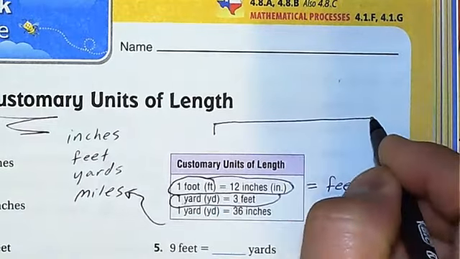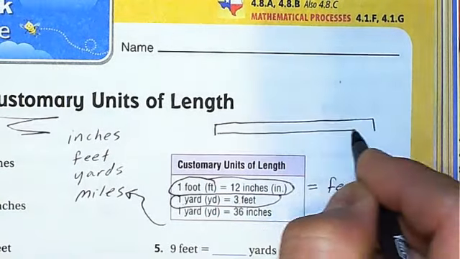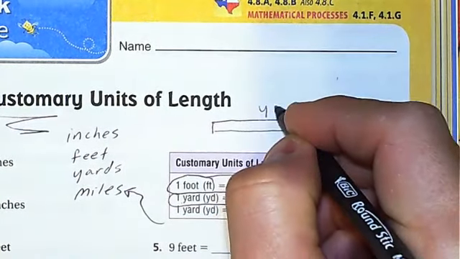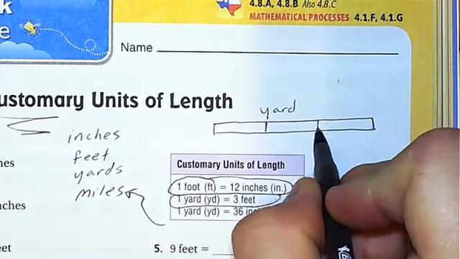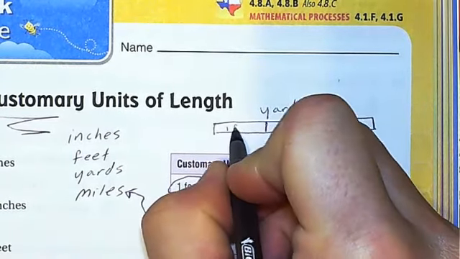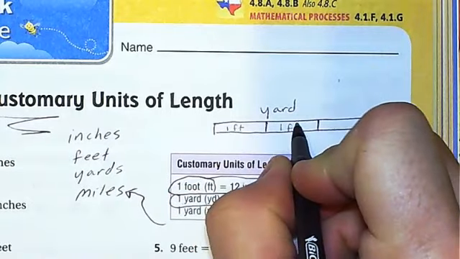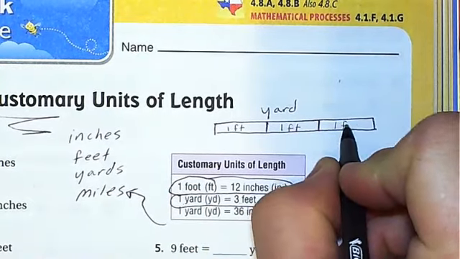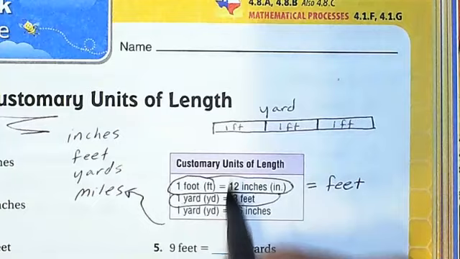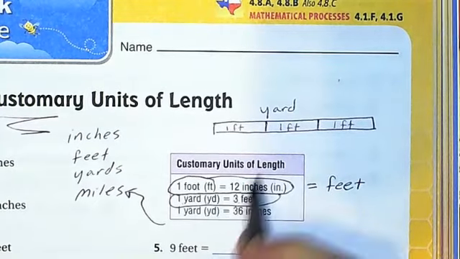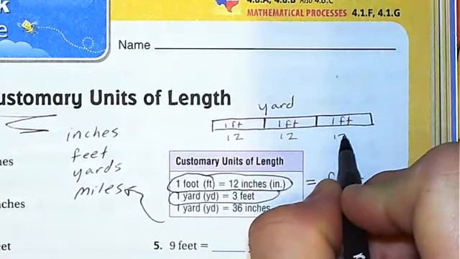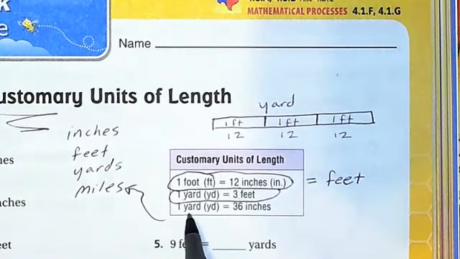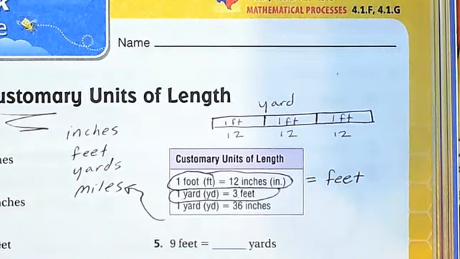And then since I'm going to draw a little mini picture here, since we have a yardstick, okay, and if this is 3 feet, so we would have 1 foot, 1 foot, 1 foot, okay? And since we know that a foot is 12 inches, this would be 12 plus 12 plus 12. So that's where the yard for 36 inches comes from.